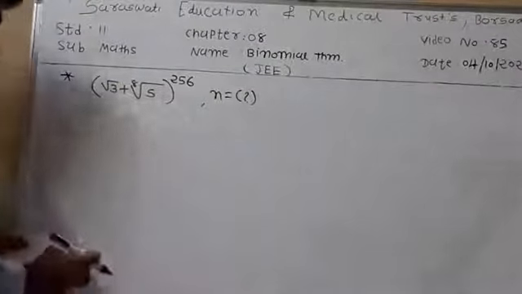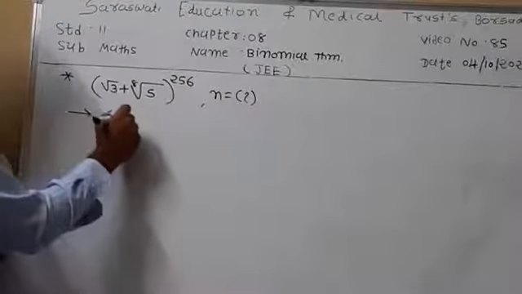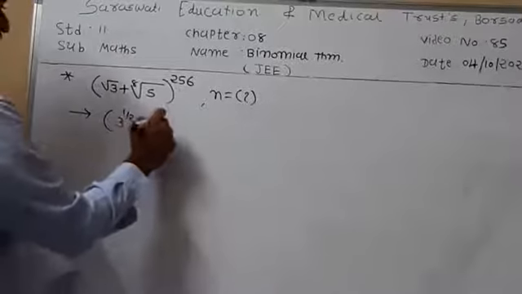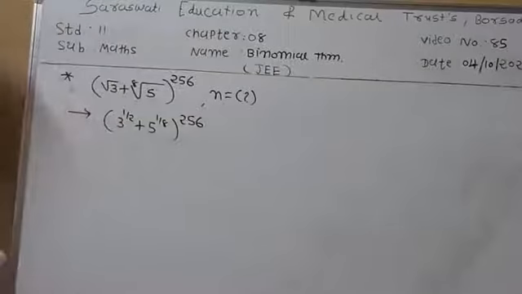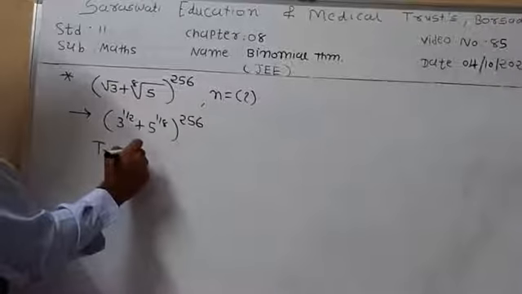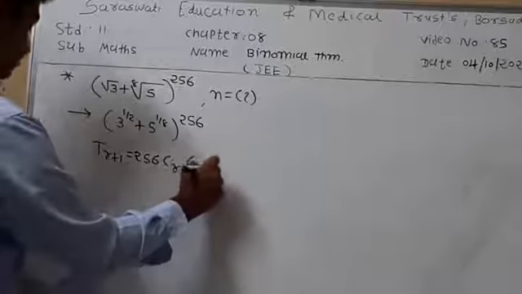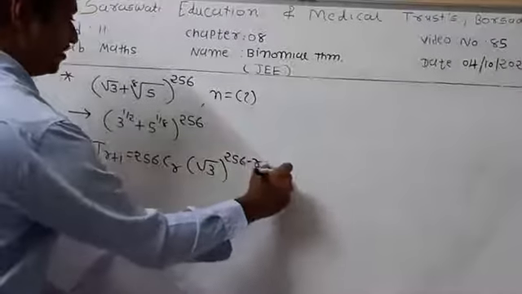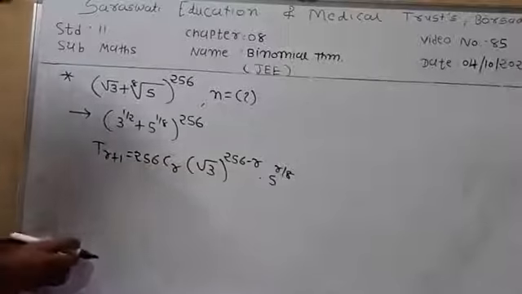So first of all, root 3 we can write as 3 raised to 1 by 2, and the 8th root of 5 is 5 raised to 1 by 8, all raised to 256. Now apply the binomial expansion identity. So T(r+1) is equal to 256Cr root 3 raised to 256 minus r, and 5 raised to r by 8.